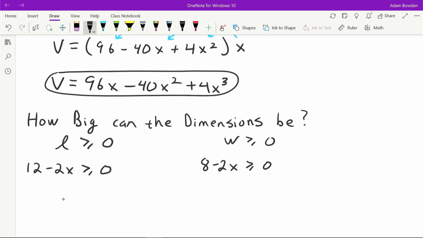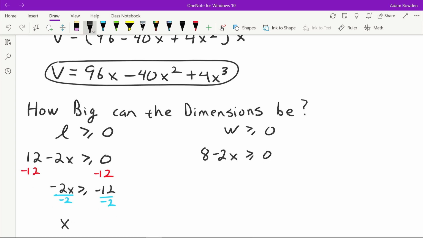And if you solve these two things here, for instance, on this one, you could subtract over the 12, write it as negative 2x greater than or equal to negative 12, divide out the negative 2, and that would actually make it look like x is less than or equal to 6, because we have to flip the inequality when we divide by a negative.